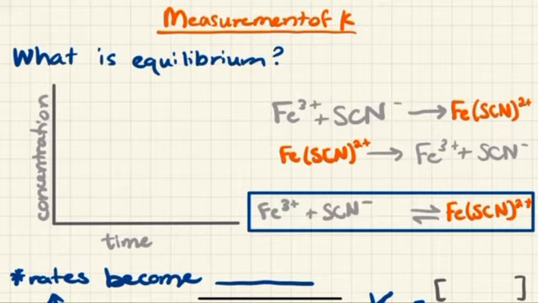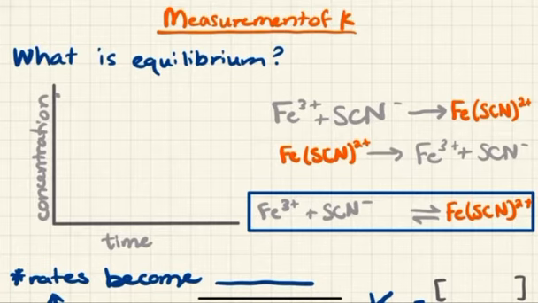All right, so if we think about the forward reaction only, at initial time, we have high concentrations of Fe3+ and SCN- because they should be the only things there if that's what we mix together in our solution. And so I'm going to start from a point up here, and we'll just assume that's the concentration of our reactants.